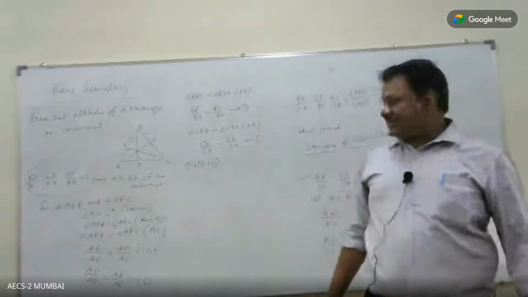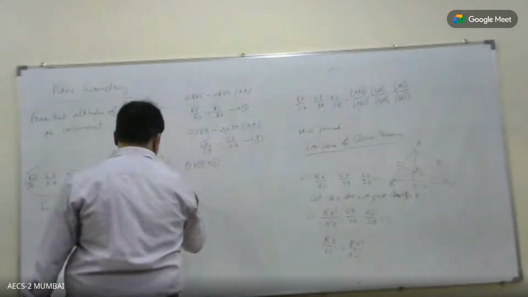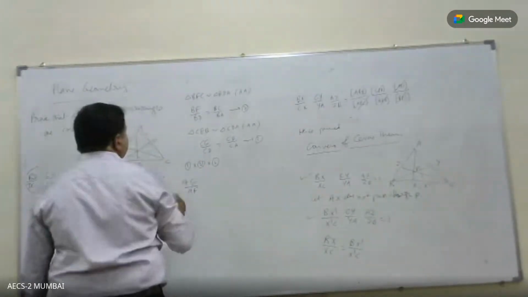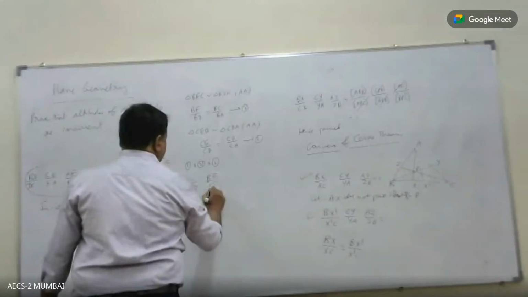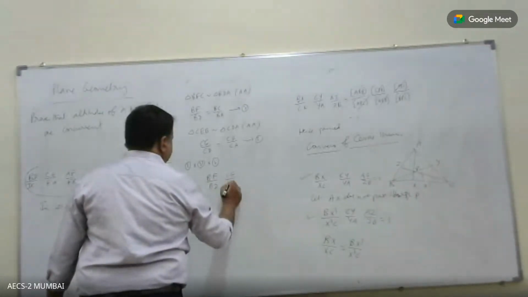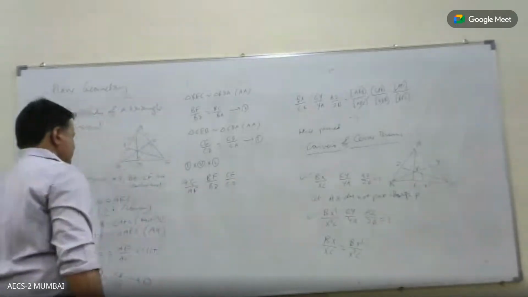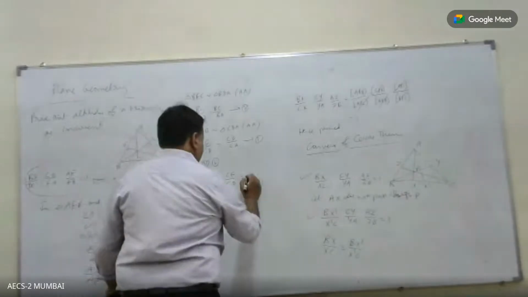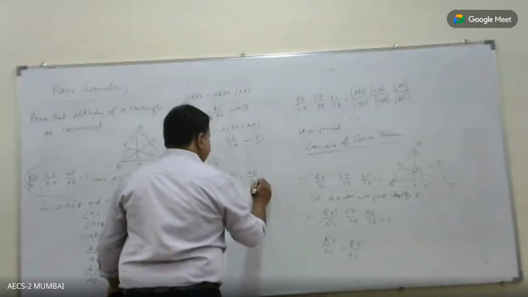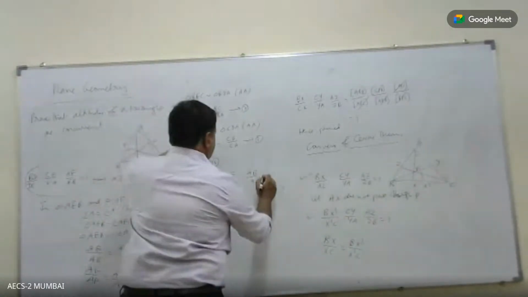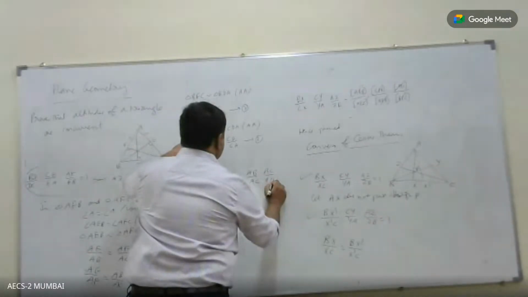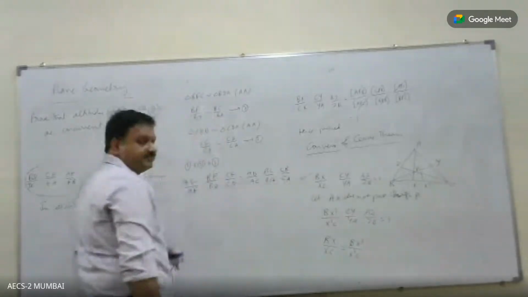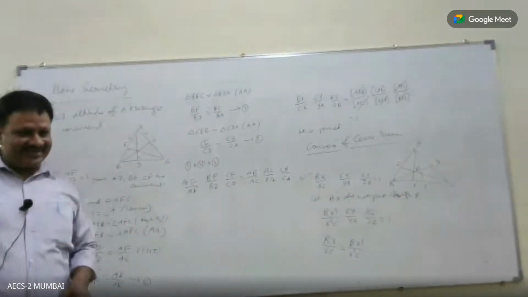But multiply it: AE by AF multiplied by BF by BD, CE by CD equal to 1. AB by AC, BC by BA, CB by CA. There's a little problem, right?